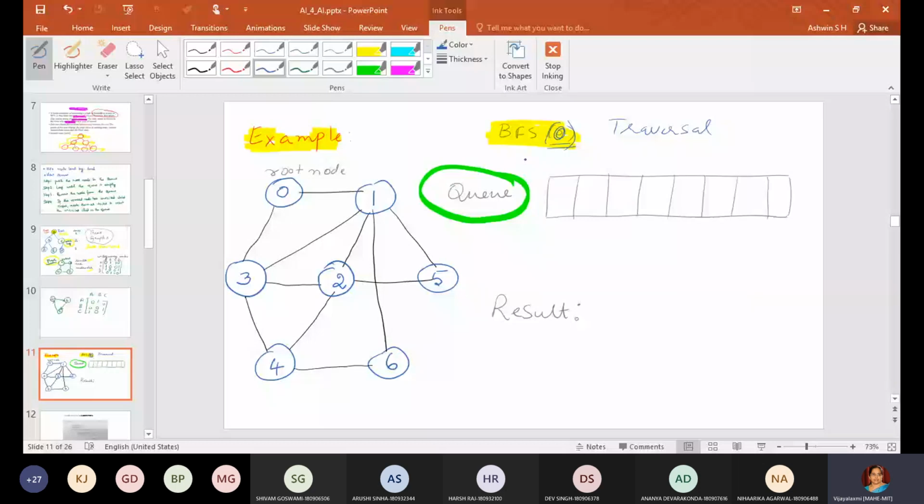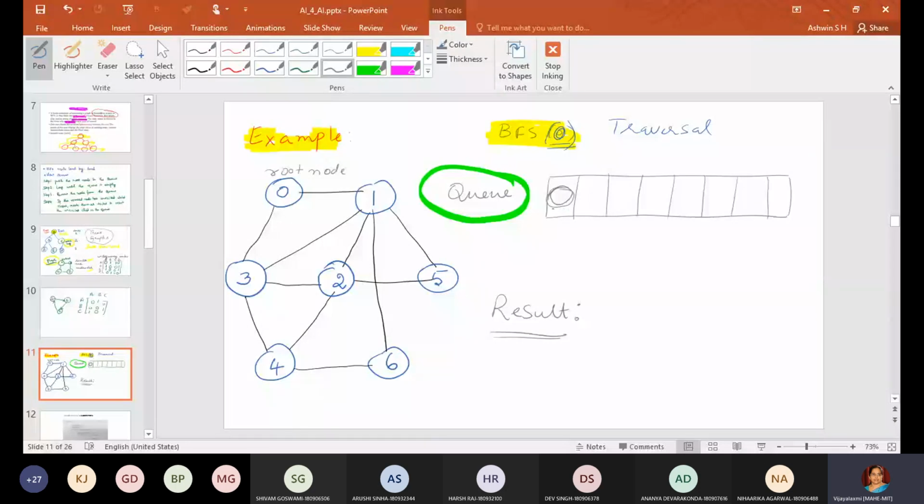First, you have to push the root node in the queue. So first step, this is my queue. I will push 0 here. This is my first node. Now here I have a result I am writing. Result is basically the traversal. Once you push this 0, you check whether the queue is empty or not. No, it is not empty. 0 is there in the queue.